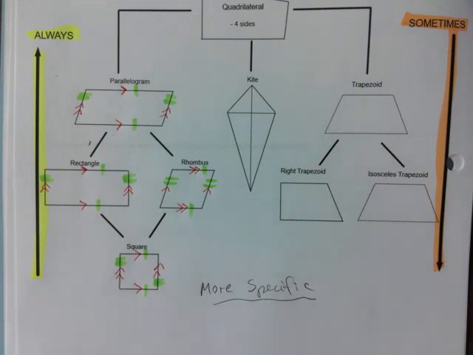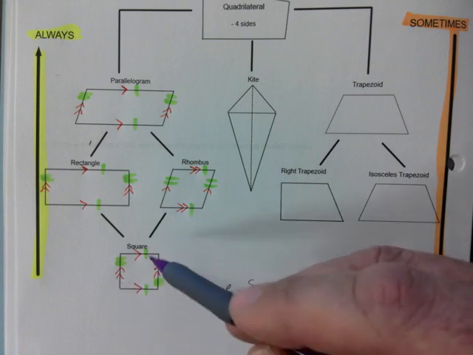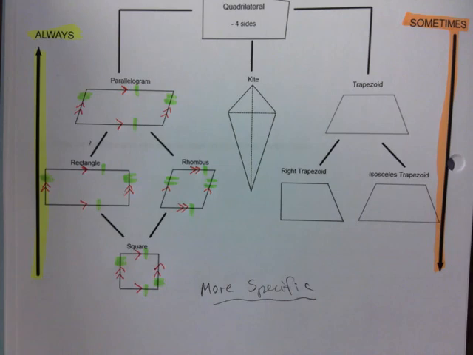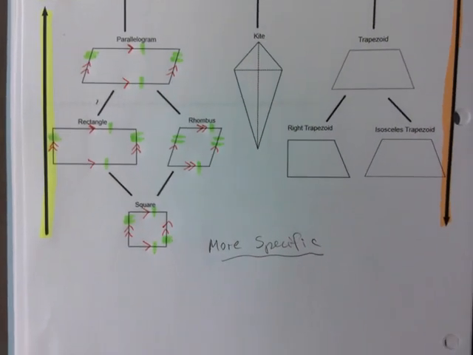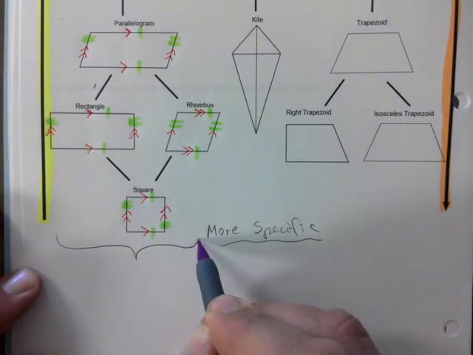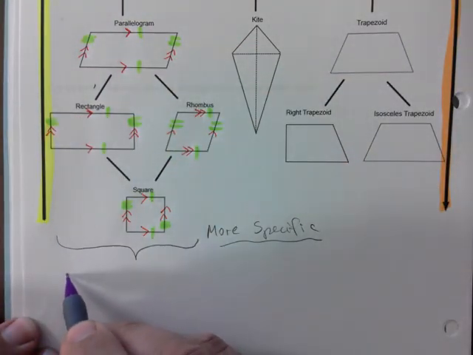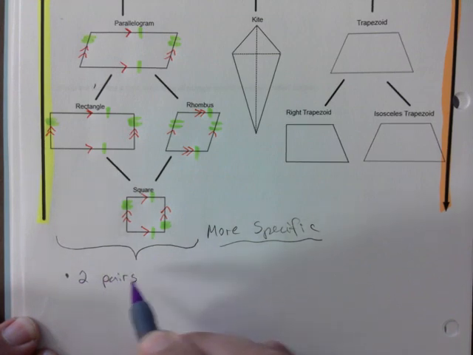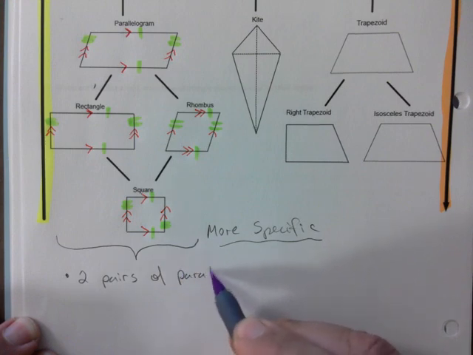What's more specific about the square though? You can say two pairs of congruent sides, but actually all four sides are the same. So we're going to talk about that later on, what makes it unique. So here's where I'm going to add, under this, I'm going to make like a bracket like this coming down this branch here. They all have two pairs of parallel sides.